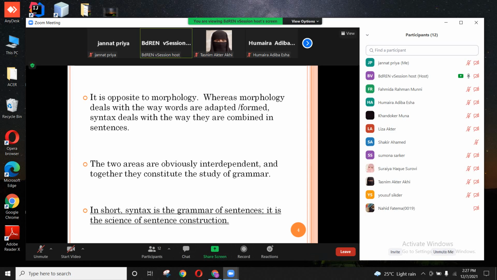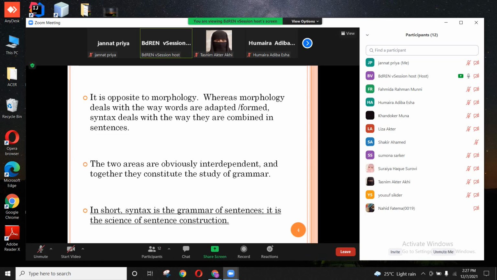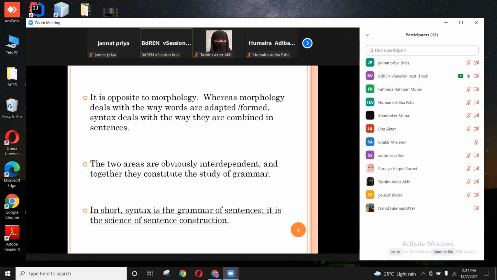So whether a group of words has been combined by following the rules of syntax or not. If a group of words has been combined together by following the rules of syntax, the arrangement will be syntactically acceptable. If the words are not combined together by following the rules of syntax, in that case, it will not be syntactically acceptable.